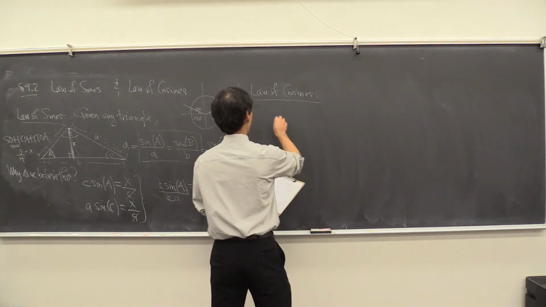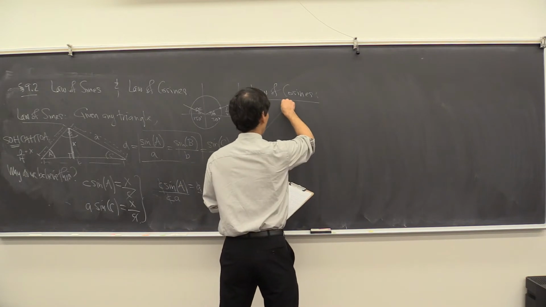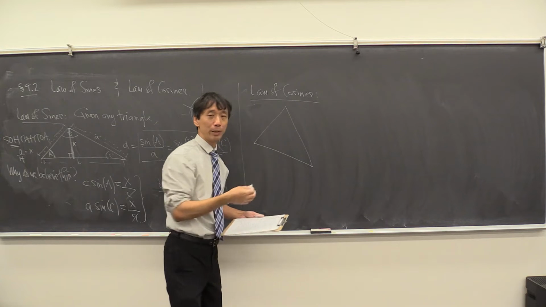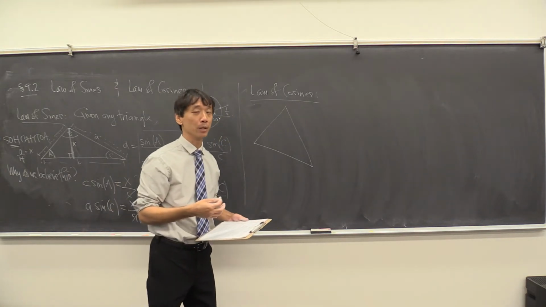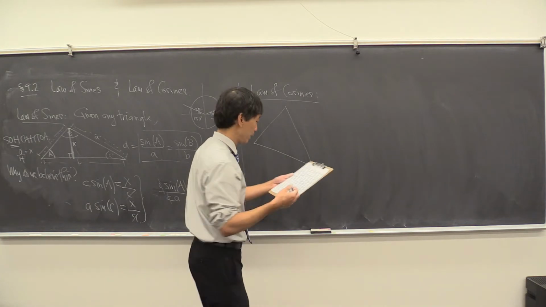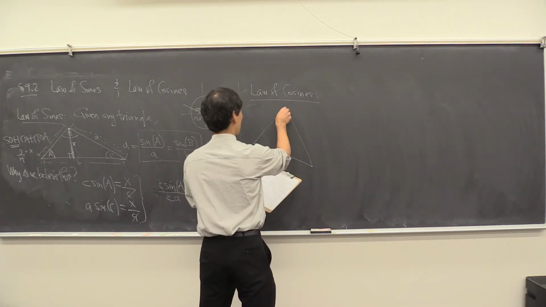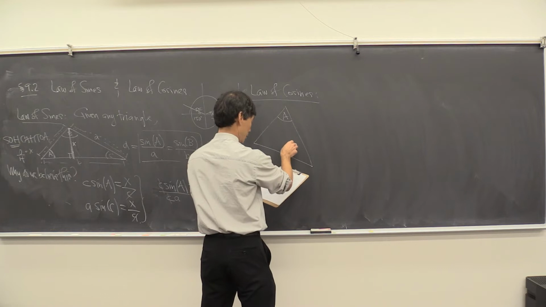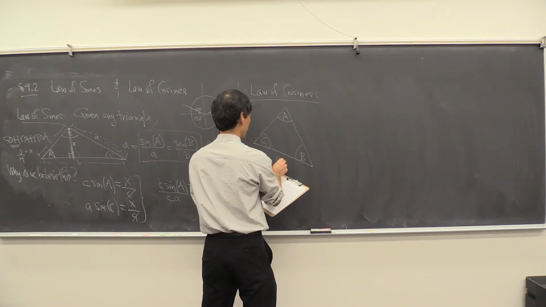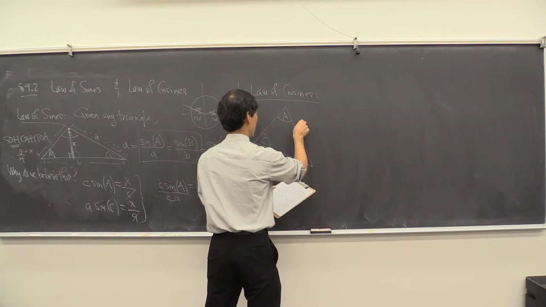So it says the following, that if you have any triangle, right? The Pythagorean Theorem only applies to right triangles. The law of cosines is like the Pythagorean Theorem, but for any triangle. So again, let's call the angles capital A, B, and C, and let's call the lengths little a, b, and c.